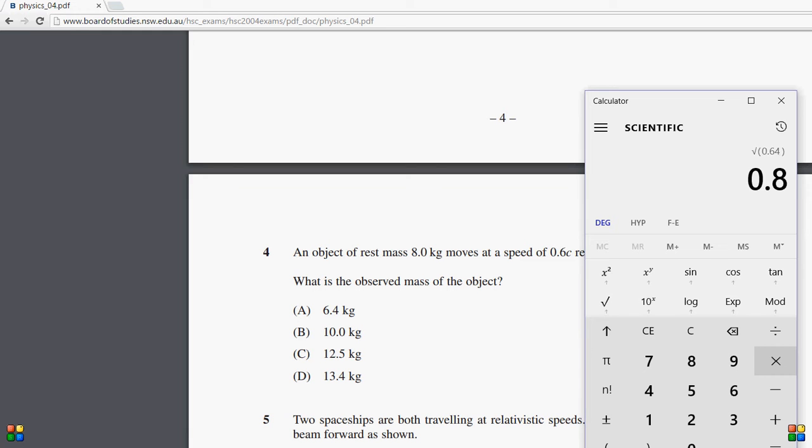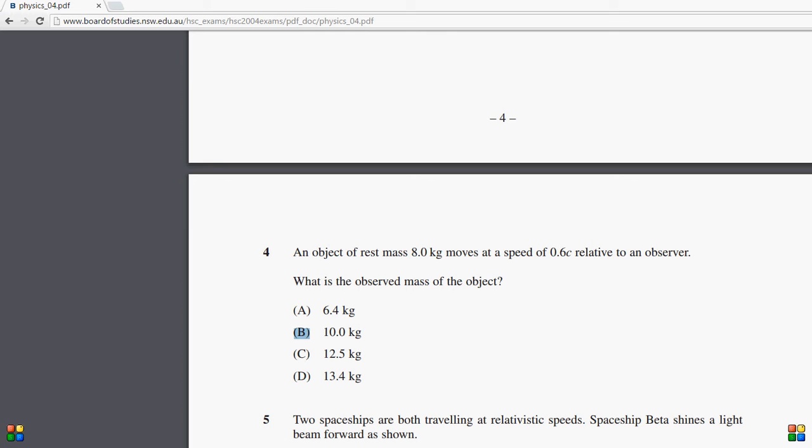Sorry, it's 8 divided by 0.8. That's the formula. We get 10. Alright, B. So remember, moving objects gain mass.